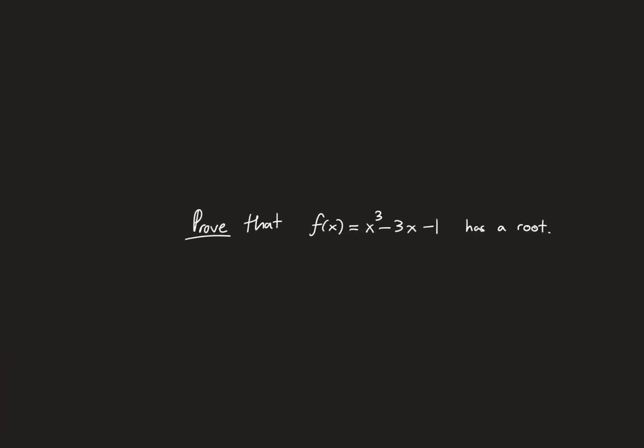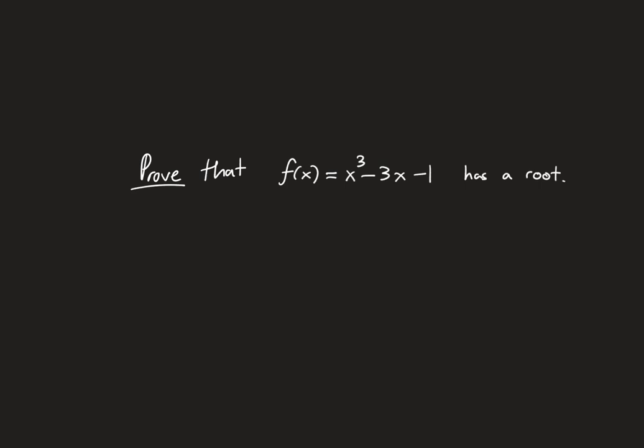All right, so let's see how we can use this. Let's prove that this crazy polynomial has a root. Here's how I'm going to do this. Proof. Notice f is continuous, since it's a polynomial.